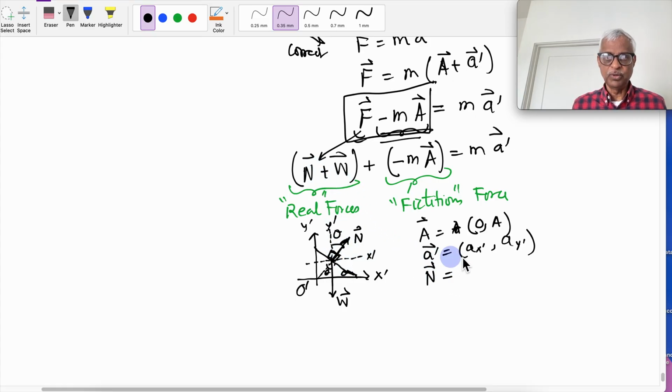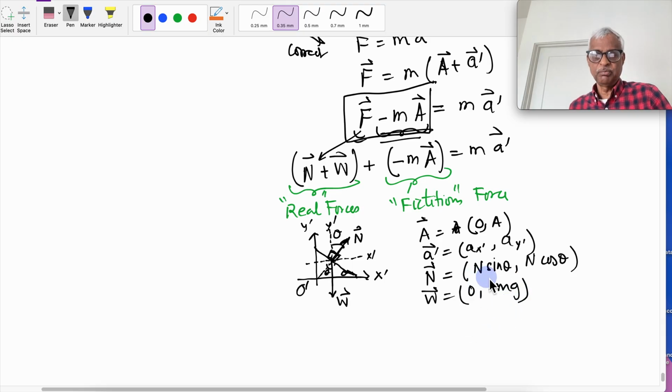N has x and y components: N sine theta, N cosine theta, and W is just 0, minus mg. So those are the components.